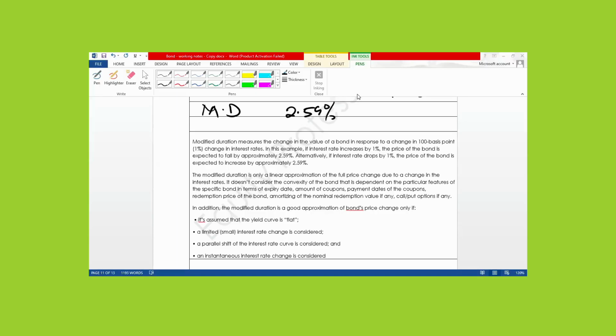Alternatively, if interest rates drop by 1%, the price of the bond is expected to rise by approximately 2.59%. We have explained the interpretation.